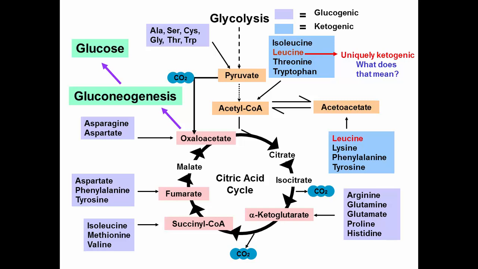One does not ever yield any rise in carbon. It yields only 2-carbon endpoints, and I'll show you when we get to the muscle how that works. That's leucine. Leucine is the only one that is uniquely ketogenic, which means it's ketogenic and not glucogenic. That's what I mean when I say uniquely ketogenic. All the other carbon skeletons can be used to make fat. It's not an issue. Is that clear? Okay.